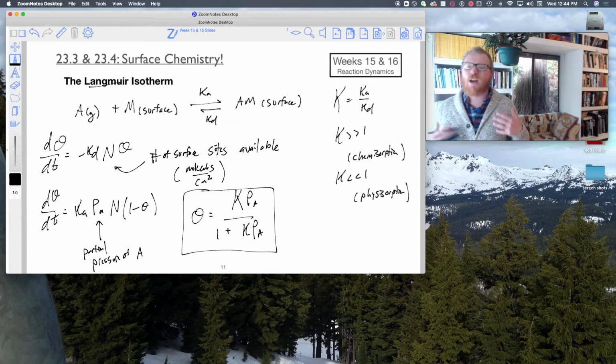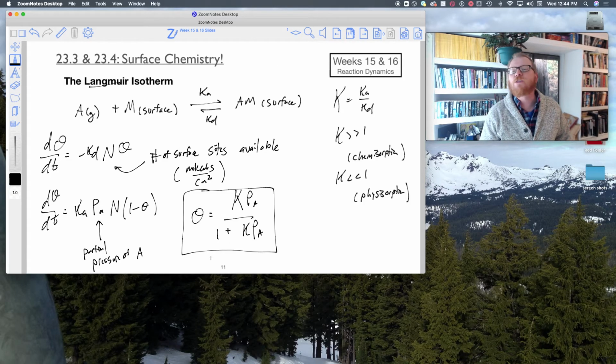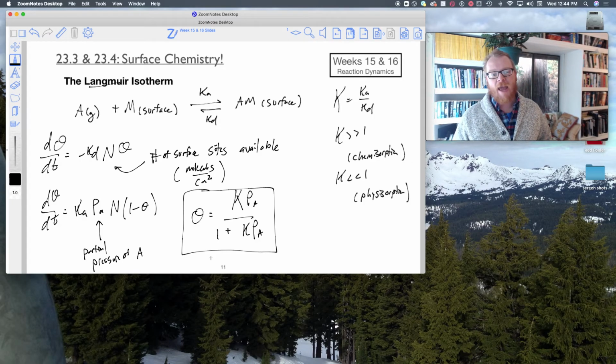And for environmental chemists like myself, we use stuff like this in large global climate models as a means of saying, if I have a salt particle floating around in the air, or an organic particle floating around in the air, so a surface, right, what do I expect its surface coverage to be in terms of water, or this molecule, or that molecule, okay?